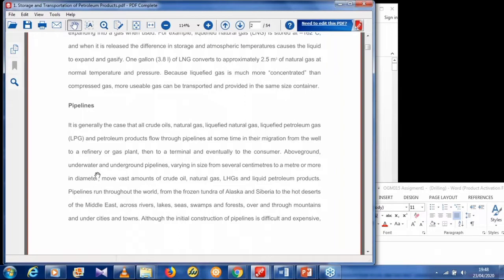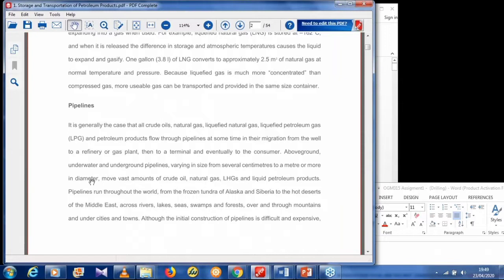You will not see them at the surface. Sometimes, at some point, some of those pipes come to the surface. The moment it comes to the surface, it is regarded as an above ground installation.